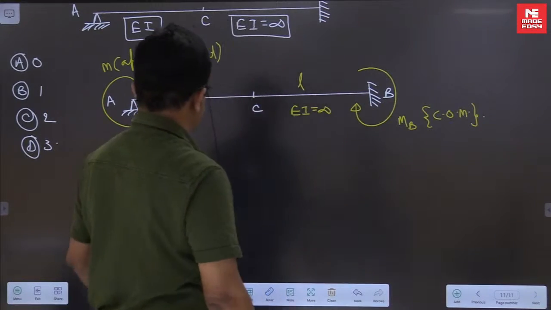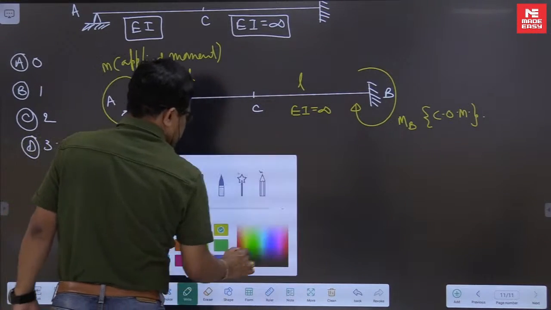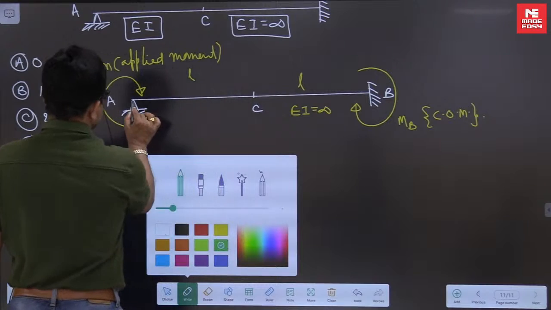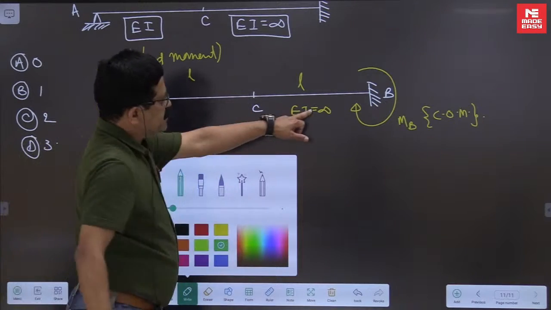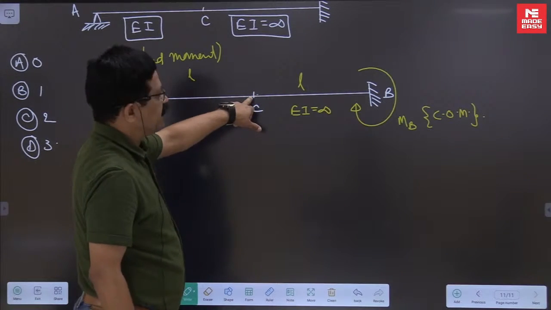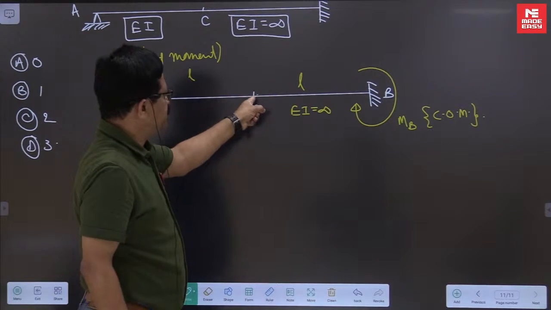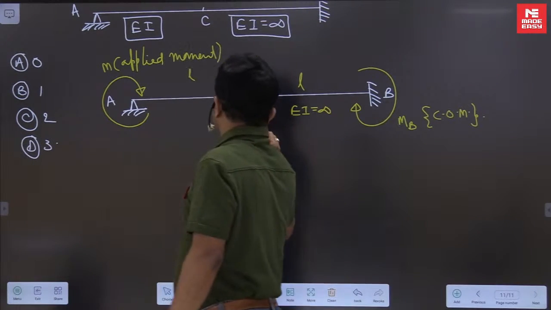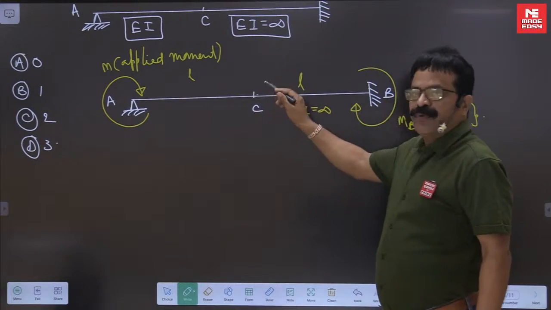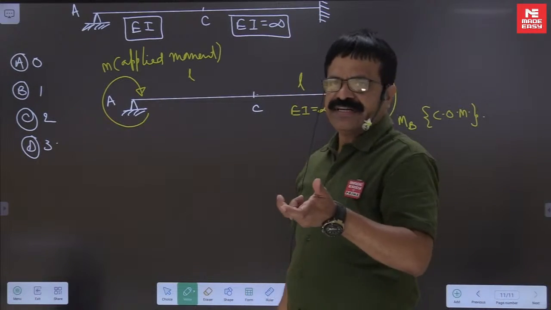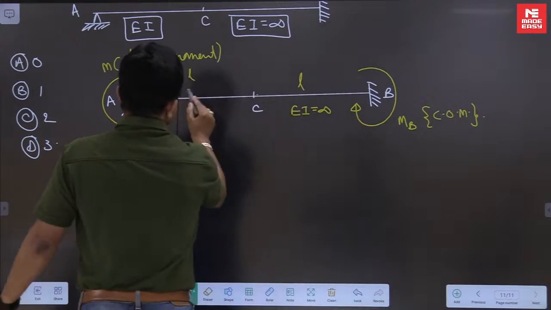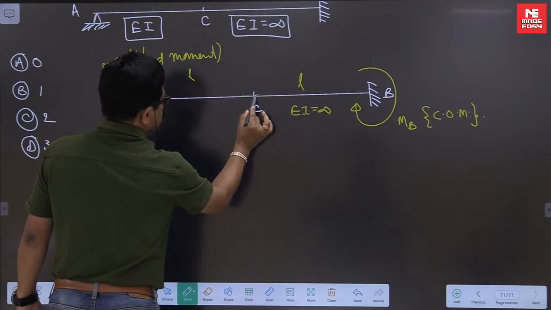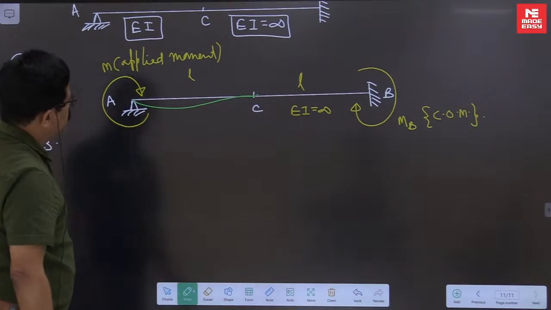But if you draw the deflection profile, it looks something like this. Because EI is infinity and it is rigidly connected. If nothing is mentioned, it means at C it is rigidly connected. If EI is infinity, point C will not deflect, will not rotate. So that means the deflection profile will go something like this.